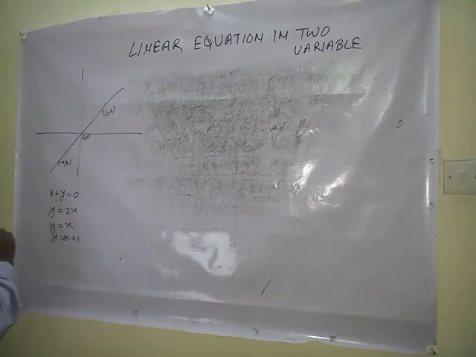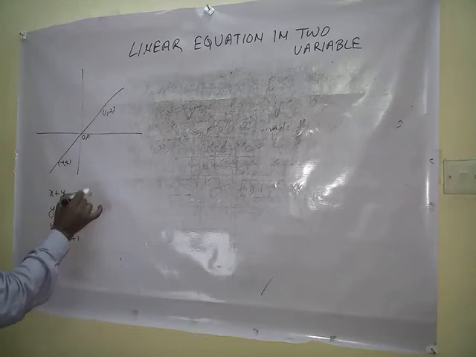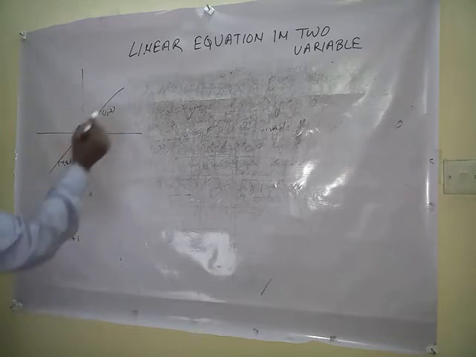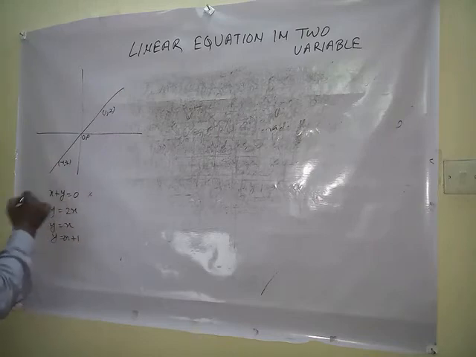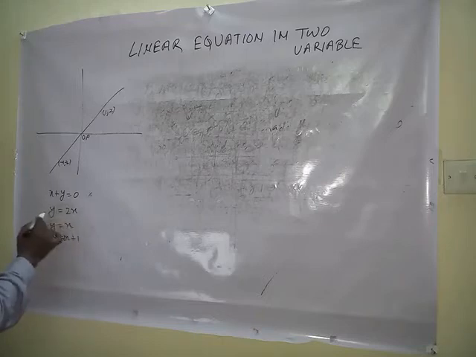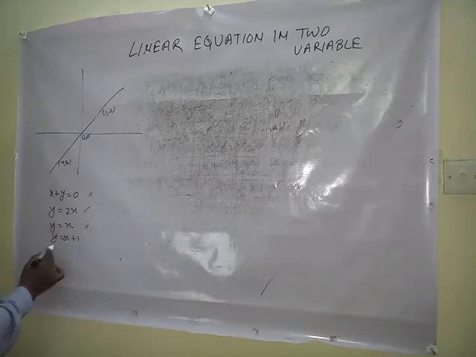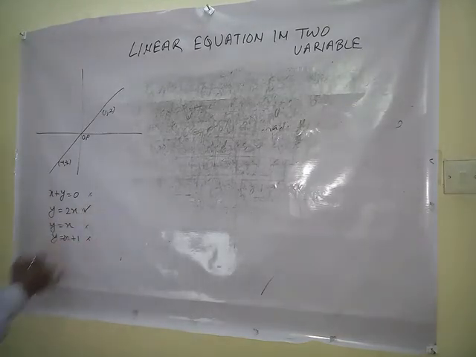If you put 1 and 2 in x plus y, it is not 0, so it is not applicable, because all the solutions on the line should satisfy that equation. In y is equal to 2x, putting 1 and 2, yes, it is satisfying. In y is equal to x, 1 and 2, it is not satisfying. In y is equal to 2x plus 1, putting 2 plus 1, 3 and 2, it is not satisfying. So only this equation is satisfying.